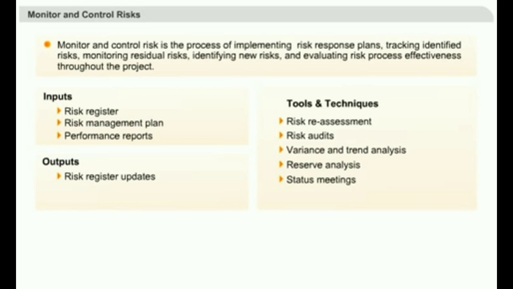Any monitoring process also results in some corrective or preventive action to ensure that the same mistakes do not get repeated in future. This process also results in organization process asset updates, like updating the lessons learned database about best practices in risk management.